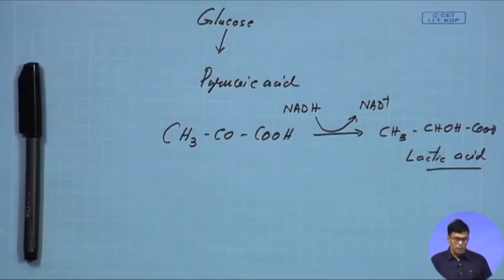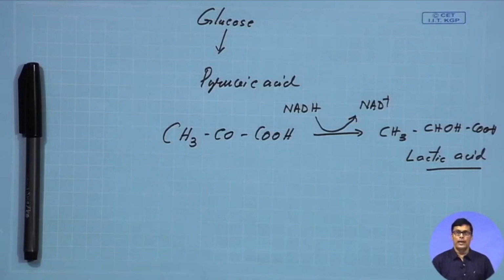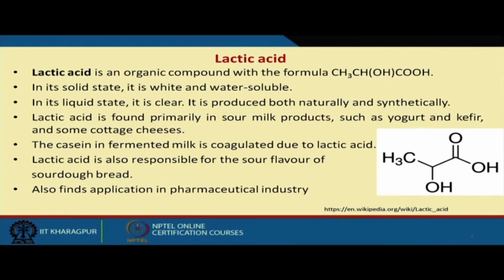Mostly in the lactic acid fermentation process, we produce lactic acid in the form of calcium lactate, because we use calcium hydroxide for controlling the pH in the fermentation media, and lactic acid is usually converted to calcium lactate.